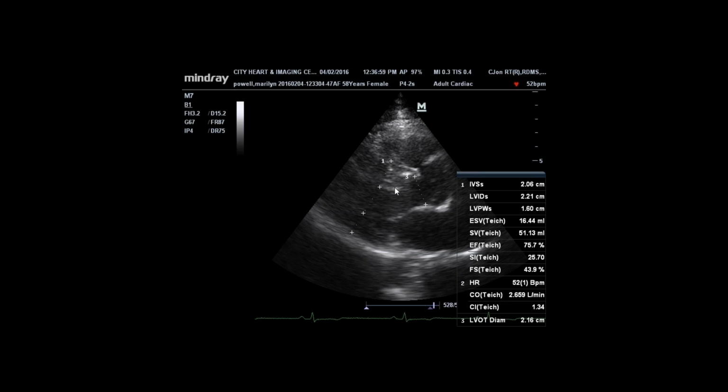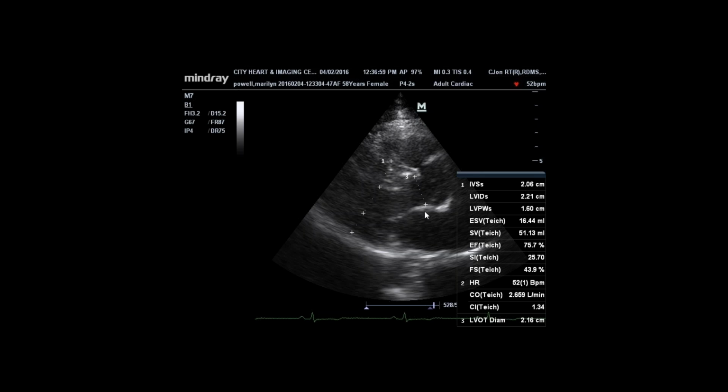You can do your septal thickening in systole, LV cavity size in systole, and the posterior wall in systole. You also measure the left ventricular outflow tract, which is just a little bit in front of your aortic valve, about 3 millimeters. It's from the blood tissue plane to the blood tissue plane, so it should be from tissue to tissue.